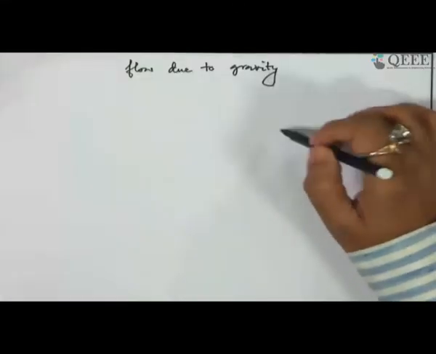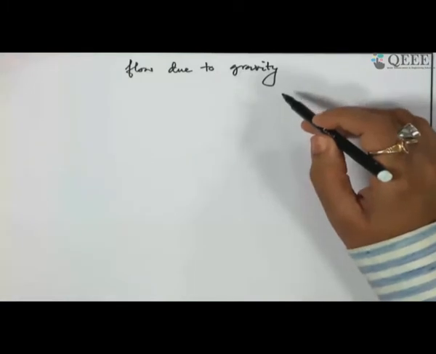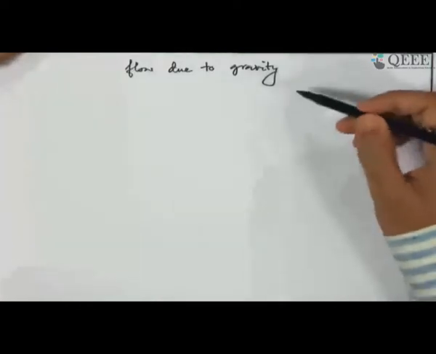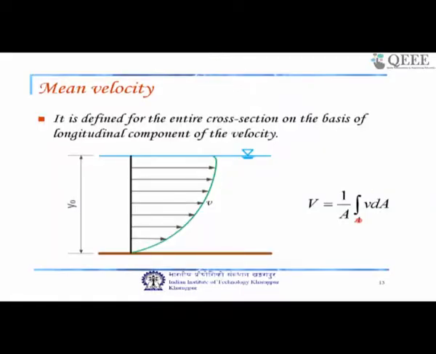So, this velocity distribution in channels will have much variation. The mean velocity we can calculate based on the velocity variation in cross sectional area, and we can also see what the variation along depth is. The mean velocity is defined for the entire cross section on the basis of the longitudinal component of the velocity.